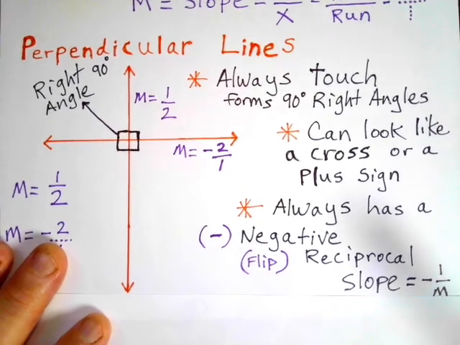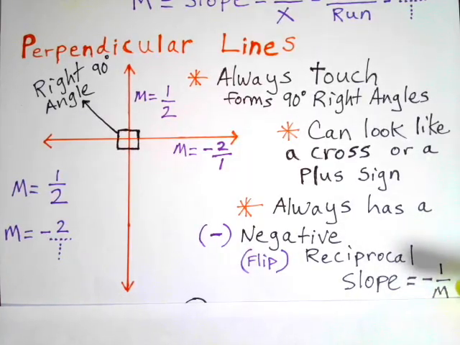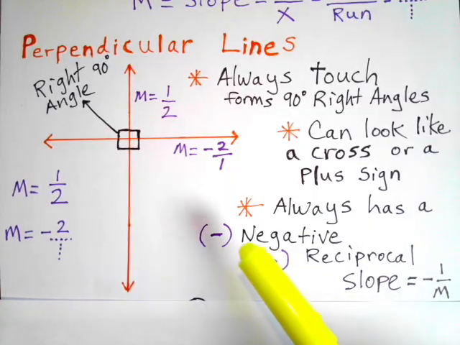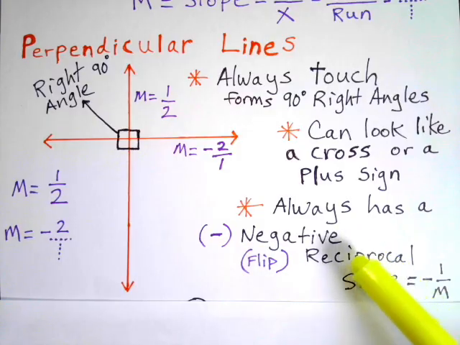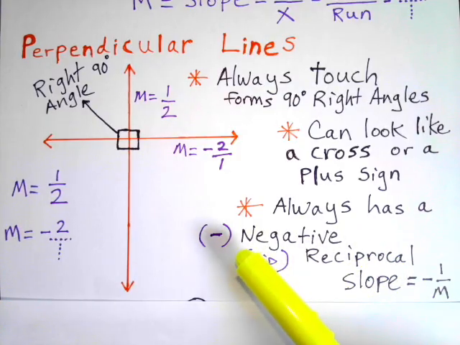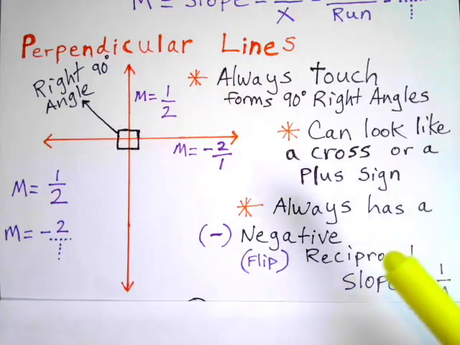It's a negative 1 over m. So negative 1... you're going to multiply a negative 1 times the slope, and then you flip. Reciprocal means you just flip it. Flip the slope, multiply by a negative, and that gives you a negative reciprocal slope.